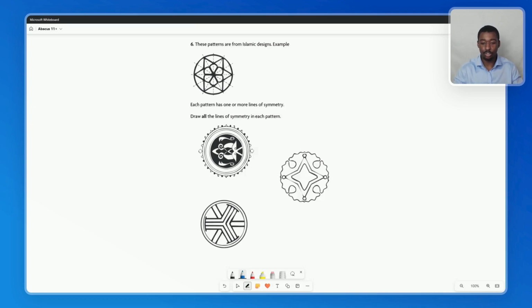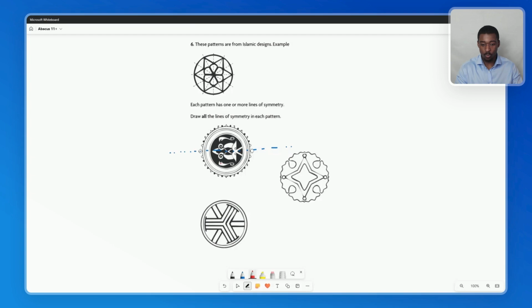So let's show that with this first pattern. If we take this line here, this would be a line of symmetry. Why? Because this side, if we envision it, could be folded over onto the other side, and every single part of this side would line up with the other side.